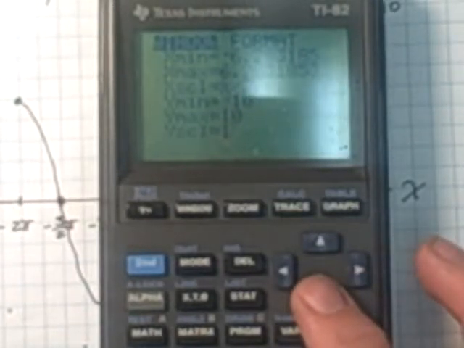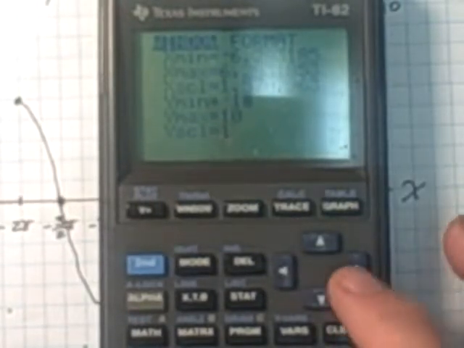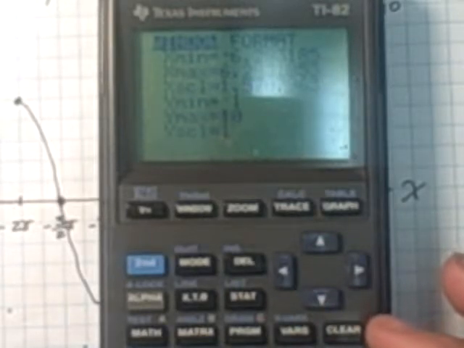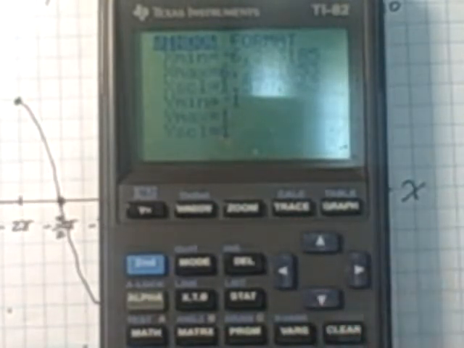The y minimum is -1, so let's clear this, put -1 in. And the y maximum is going to be +1, so clear that, put +1. And finally, for the y scale, it's just going to be 1. Okay, so now that we have a window set up, we've got -2 pi radians and +2 pi radians for our x minimum and maximum. Our x scale is pi over 2 radians. Our minimum for y is -1. Our maximum for y is +1. And our y scale is just 1.